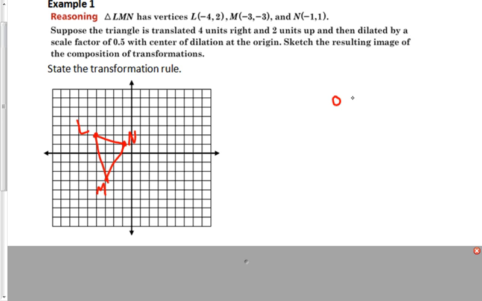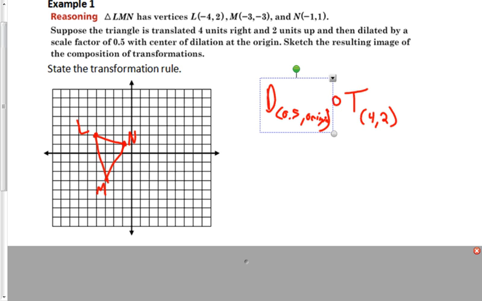So we're first doing a translation, 4 units right, so it's a +4, 2 units up, so it's +2, and after we do that, we're doing a dilation of 0.5, and we're going to say the origin. All right, so we're doing a dilation of a translation that we would have already done, and of course we can put, of LMN.